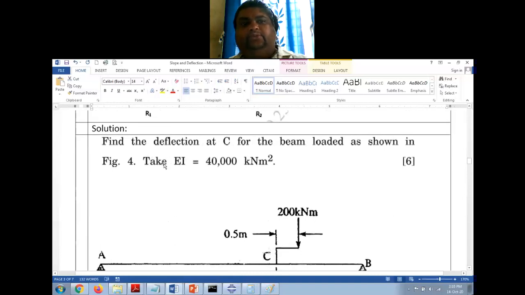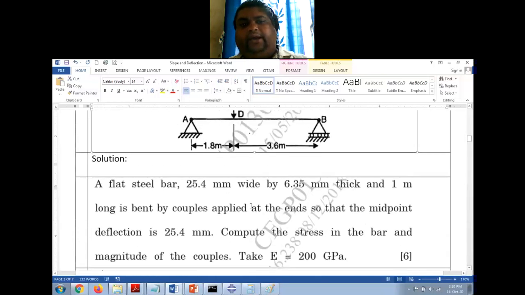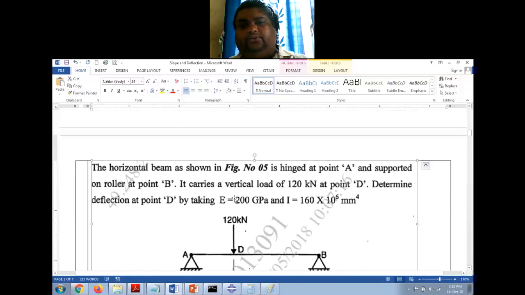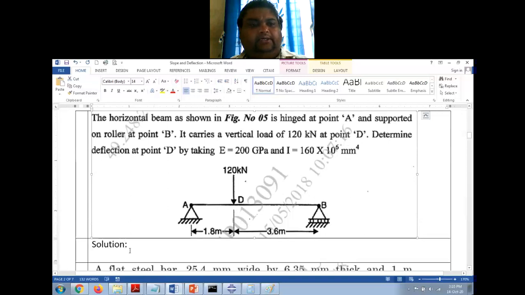You can see this numerical is giving EI is equal to 40,000 kilonewton meter square. If you get like this, it's a lottery. It's very easy. But when you have these two in different units, you have to do proper conversion of the units. Okay. Now let us start solving this numerical.